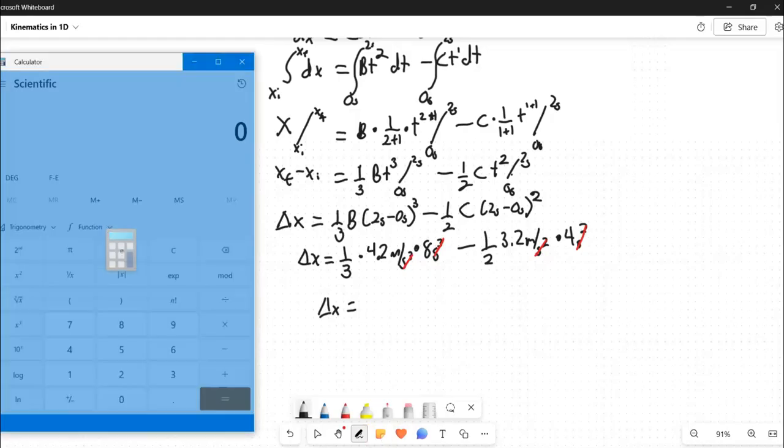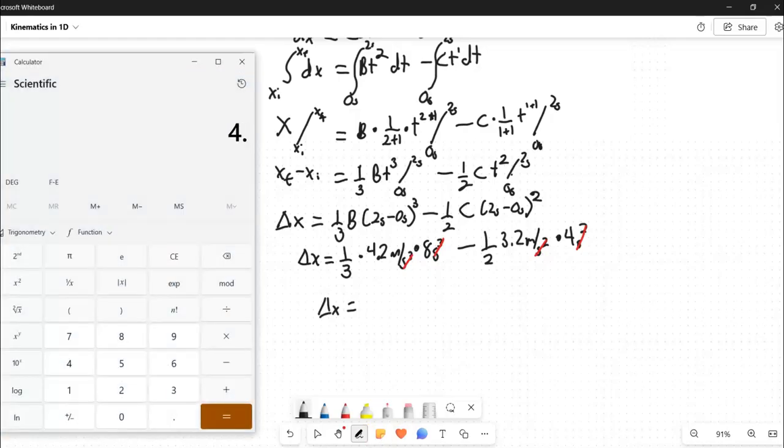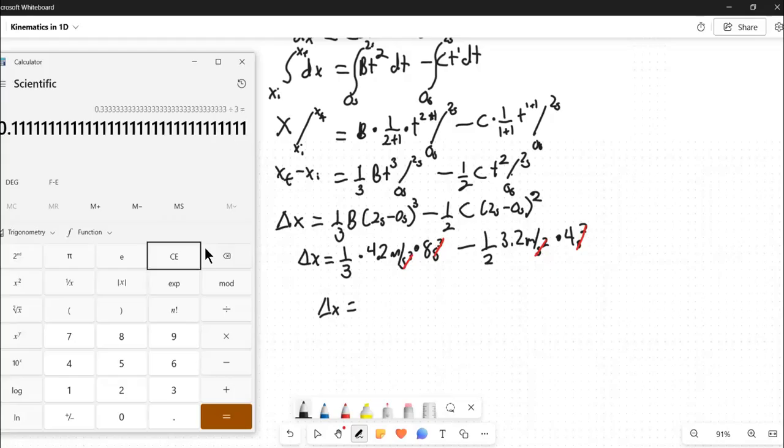let's do all this. 4.2 times 0.5 times 8 equals 16.8. Hold on, I'm going to double check something. You know what? 1 divided by 3 times 4.2 times 8.